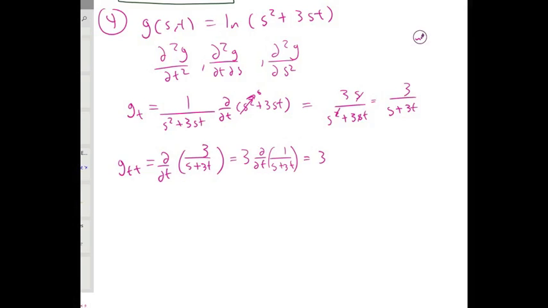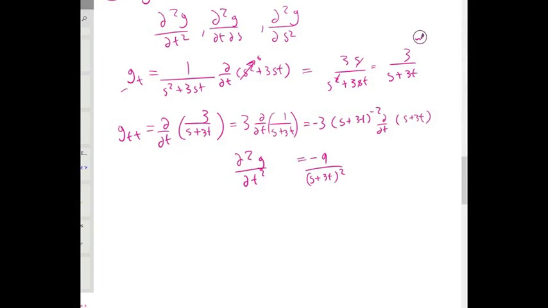This is 3 times s plus 3t to the negative 1 power, so we can pull that negative 1 out to the front, make it a minus 3, times s plus 3t to the negative 2, and then we're going to take the t derivative of s plus 3t, which is just going to be 3. We'll have negative 9 over s plus 3t squared. So that's our d squared g dt squared.